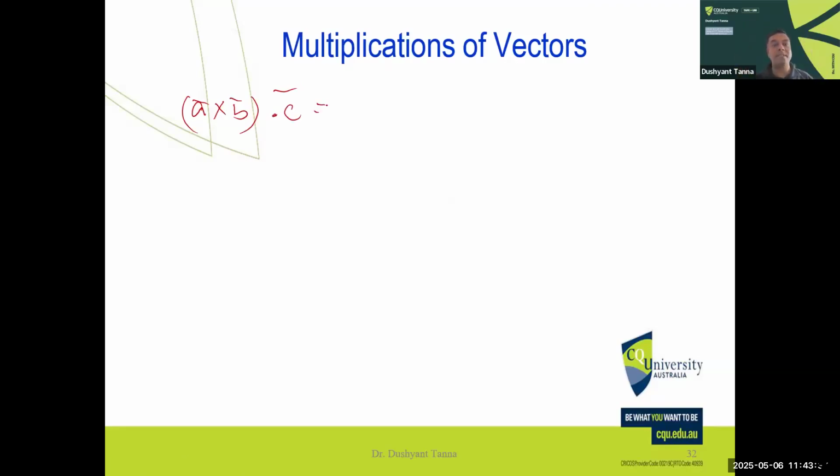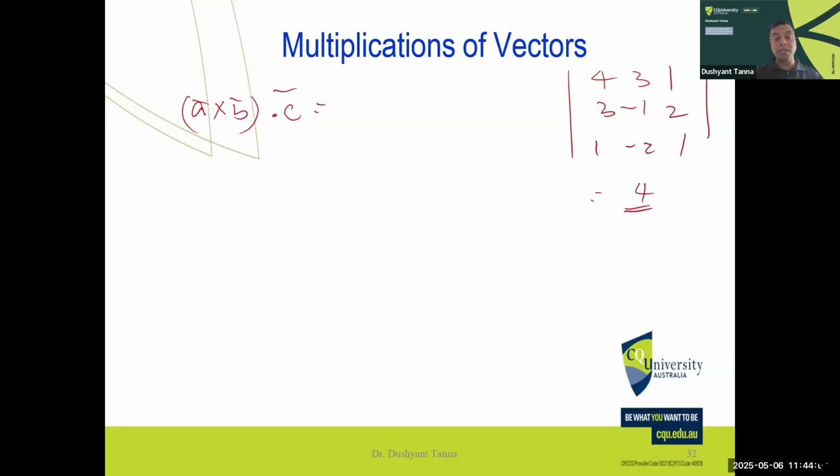Either you can go for the matrices way, which will be vector A, 4, 3, 1, then 1, 2, and 1, then C, and expand it however you like, and that will be 4. So that's one way of doing it. If you find that a bit longer, which I do, then use A cross B.